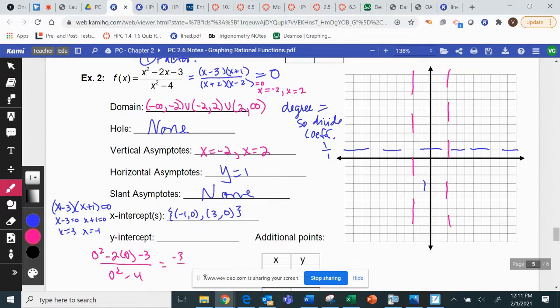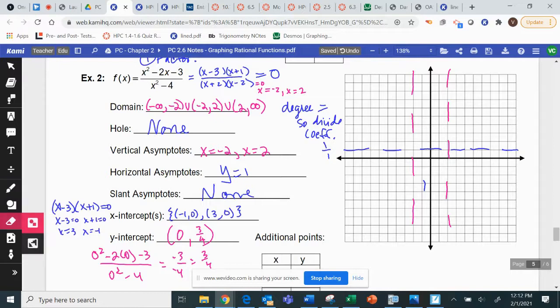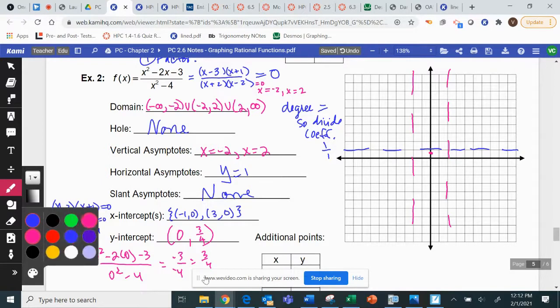So I get -3 over -4, which is 3/4. You can plug it into the factored version. I'm just going to do what I think is the least amount of work. So go ahead and plot my 3/4, and I'll plot my -1 and my 3 for the x-intercepts.